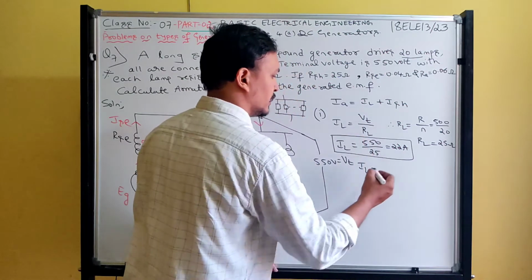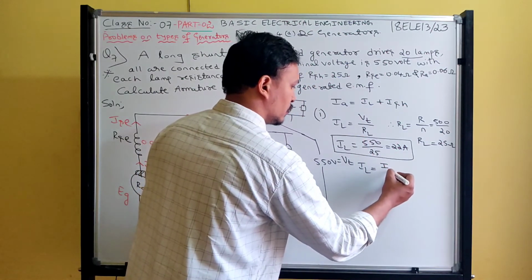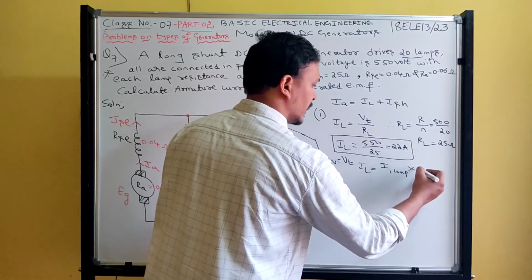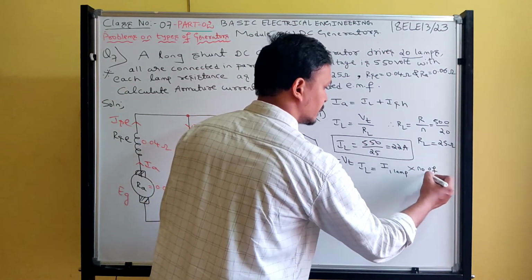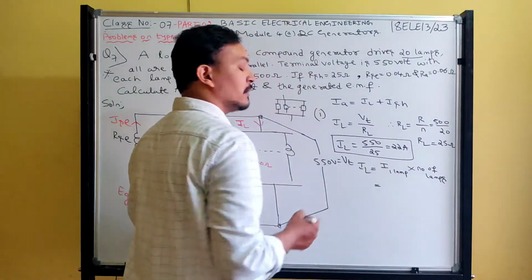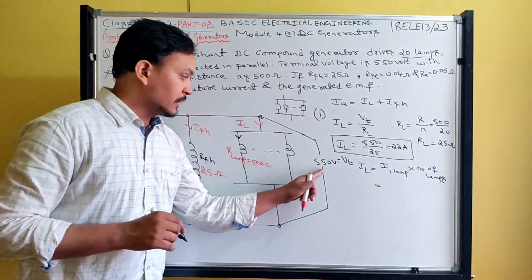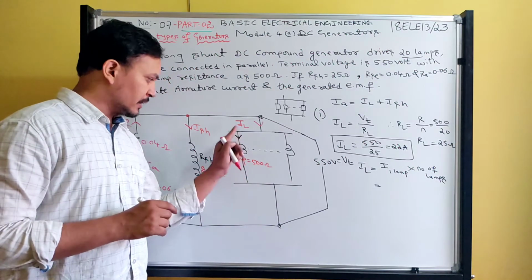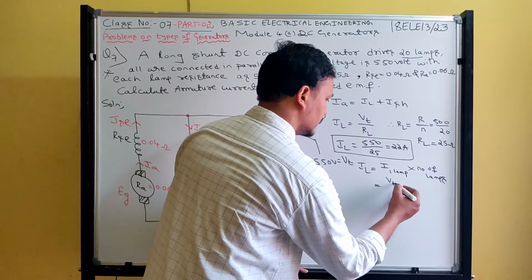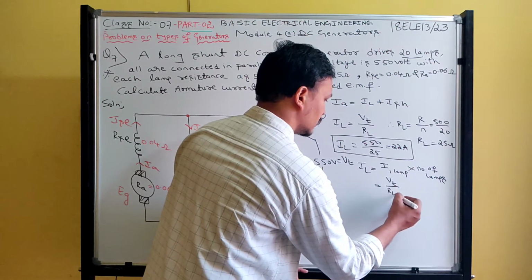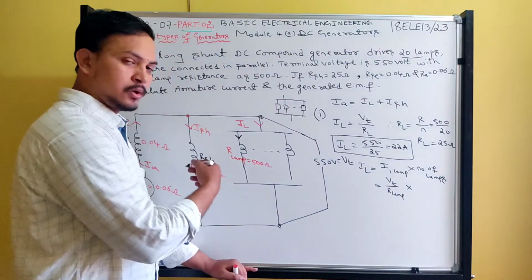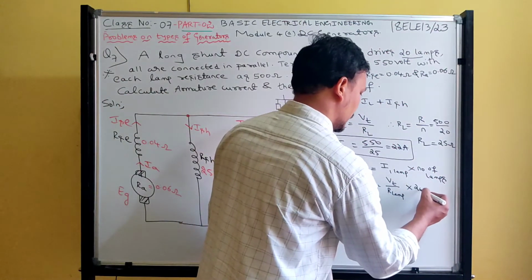So the total load current is the current in one lamp multiplied by the number of lamps. The current in one lamp is the voltage across the lamp divided by the resistance of the lamp, Vt divided by the resistance of a lamp, multiplied by 20 lamps.